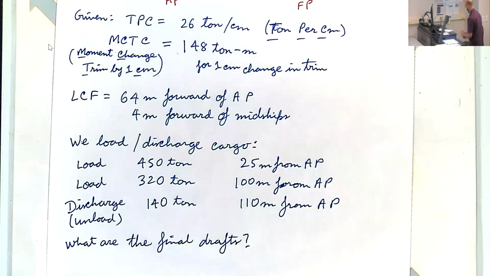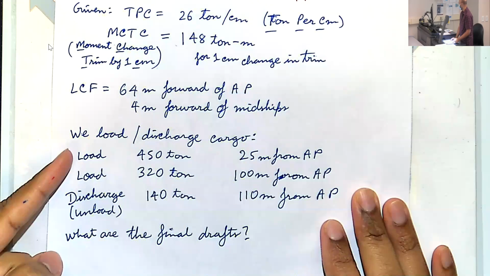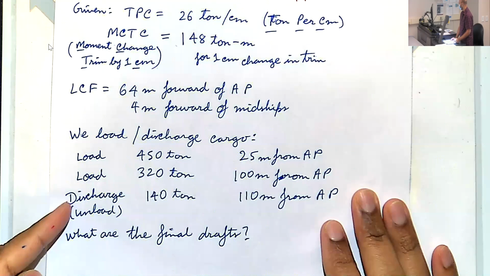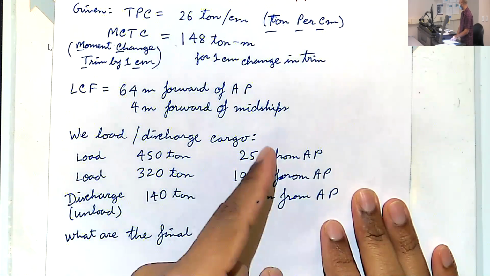So finish writing and then we'll talk about what's happening. All right, so we load on a container, we load on a second container, and unload a third container at different positions.